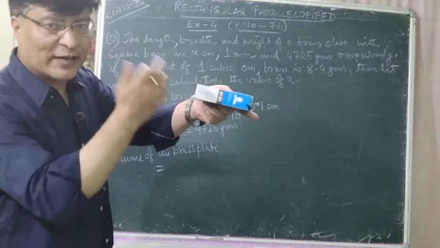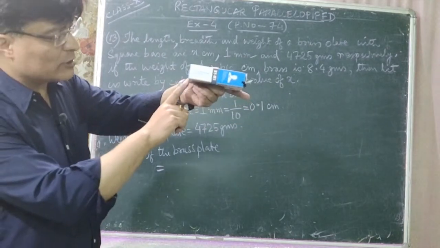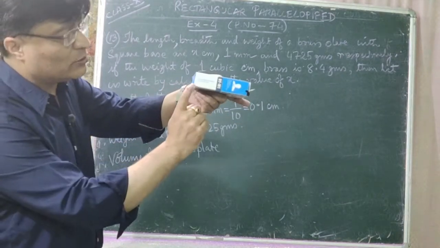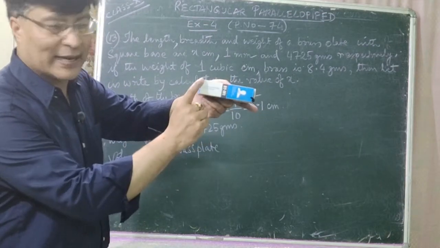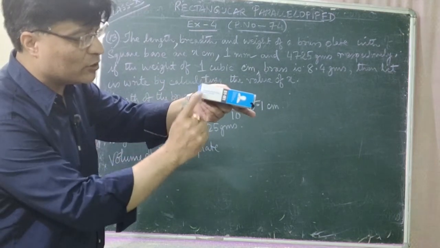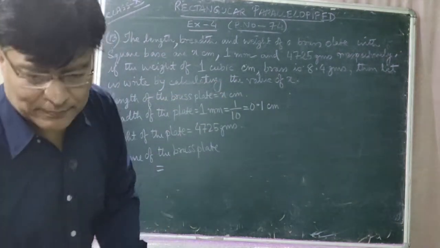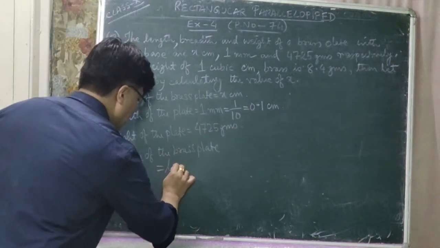So how can you find out the volume of the brass plate? Actually it is length into breadth into height, तर यो particular problemमा length into length into breadth हुन्छ. Is that clear? So let us write here length.